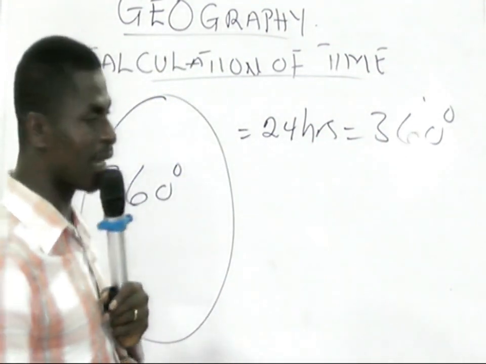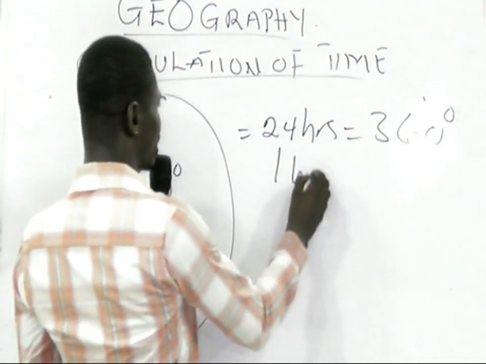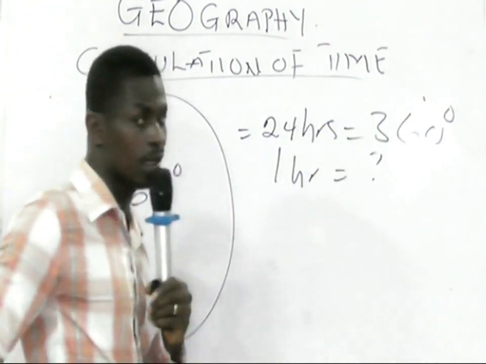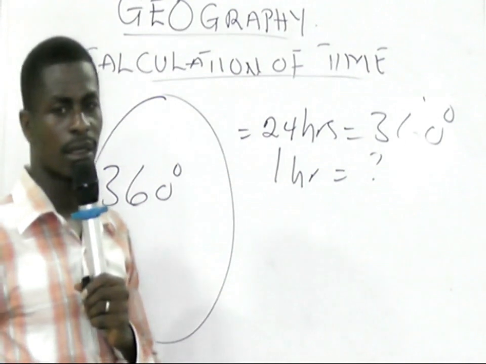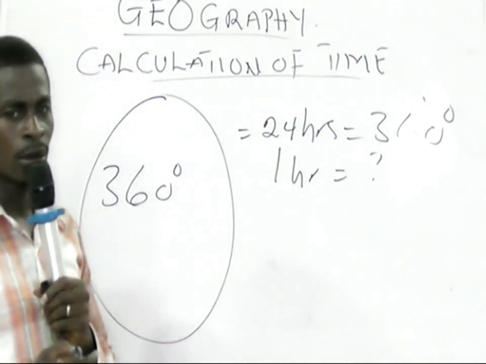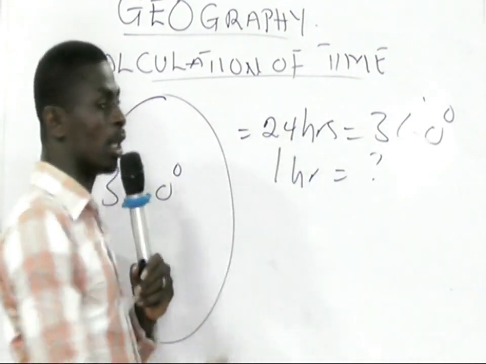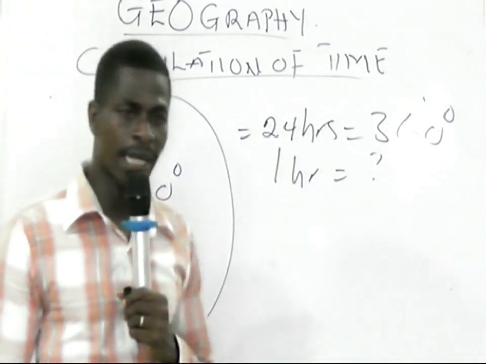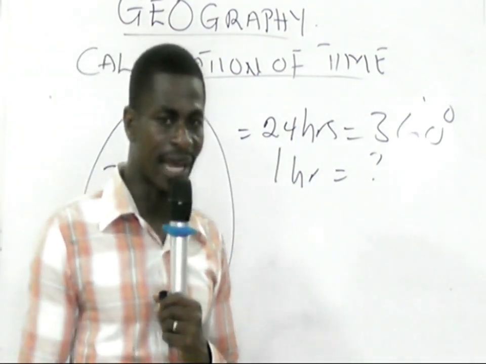Now we ask ourselves, what will 1 hour give us in terms of degrees? For 1 hour, we know that it will be less than 24 hours, and we know that if less, more divide.